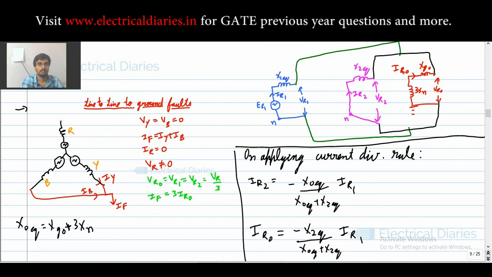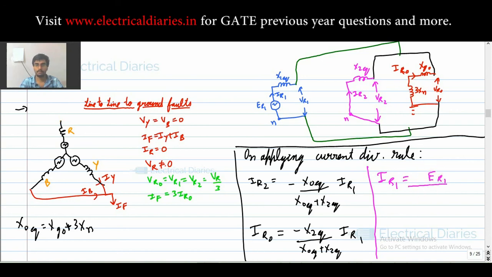These are the two equations that you can get, and then your fault current is 3 times IR0. Similarly, you can find your IR1, which will be the sum of these two currents, or you can derive it from the circuit. These two reactances are in parallel, and then X1 equivalent is in series with them.